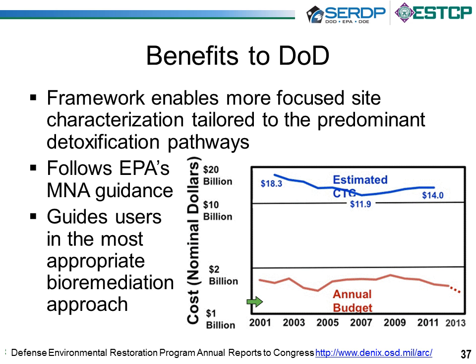Also, the framework follows exactly what EPA prescribed. It guides users in the most appropriate bioremediation approach, and bioremediation has been reported to be one of the most cost-effective remedial approaches. And many of you have seen this chart.